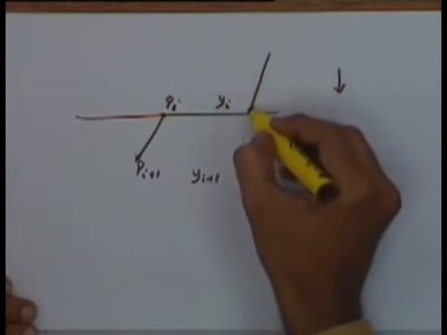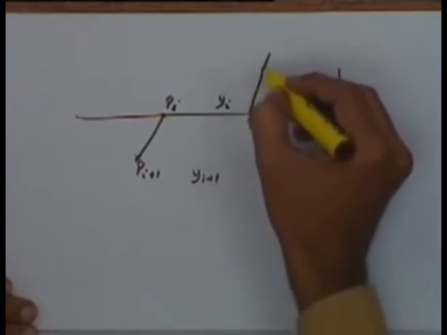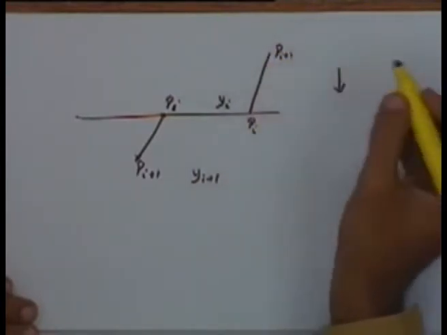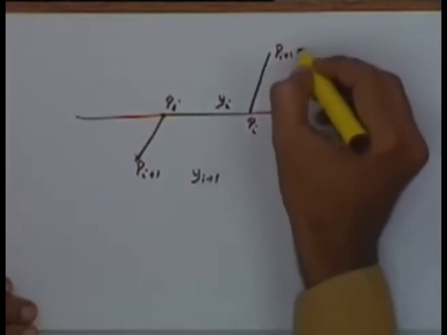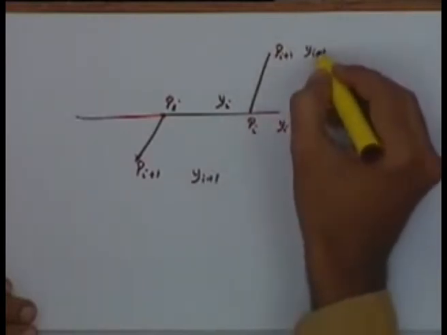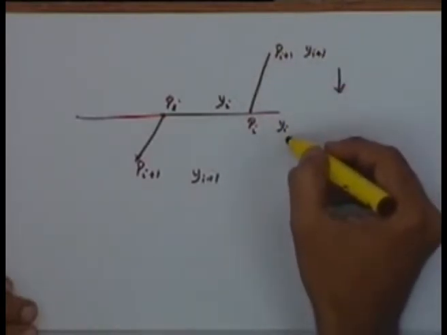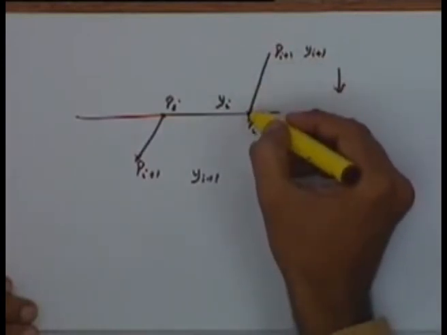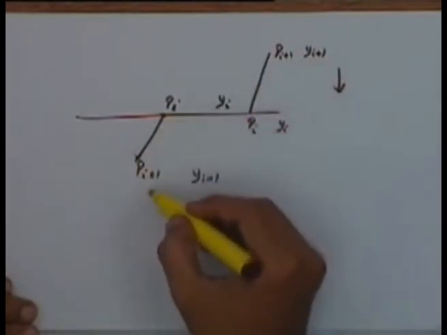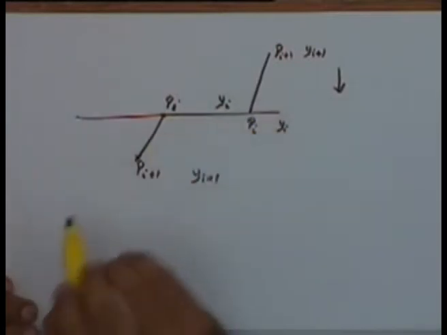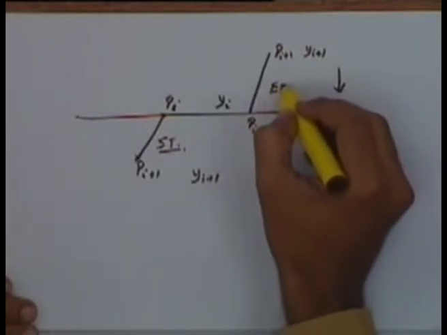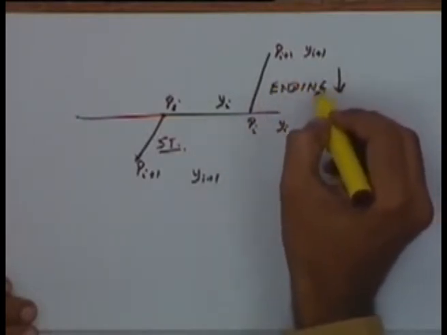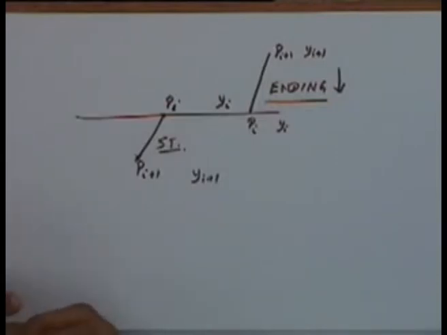If our line is like this, this is pi and this is pi plus 1 or i minus 1, in this case yi plus 1 is less than yi, so the edge is coming to an end. Here yi plus 1 is greater than yi, so the edge is starting. This is the case of the edge starting, this is the case of ending. Is that okay? Any other point?